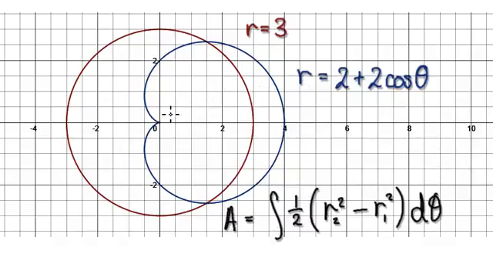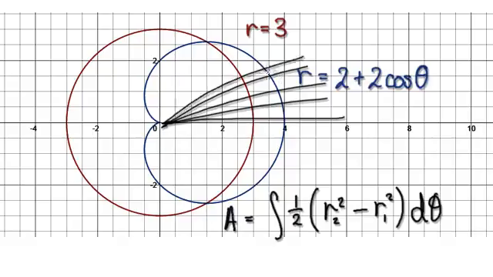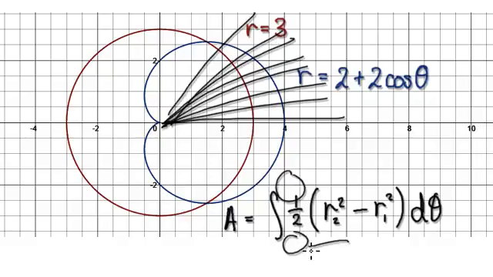So we need to sum up all the sectors. In order for us to sum up everything, we will need to locate where we need to integrate from and to.